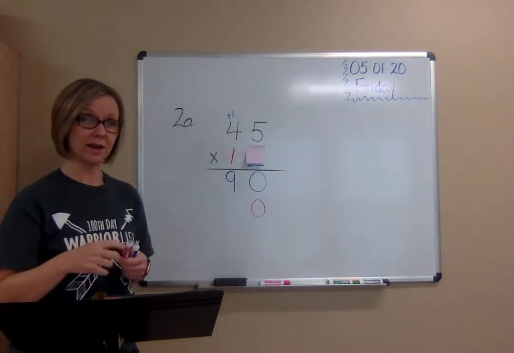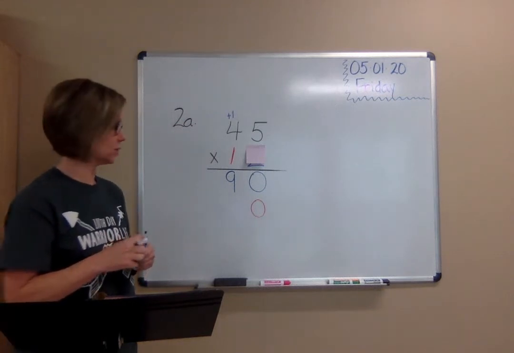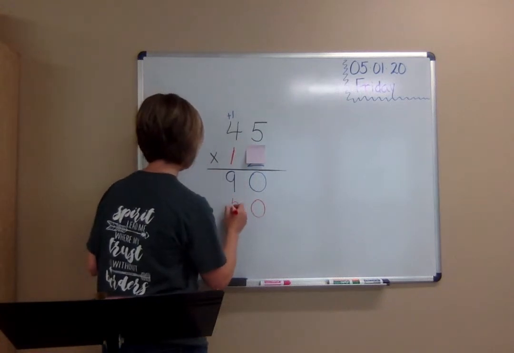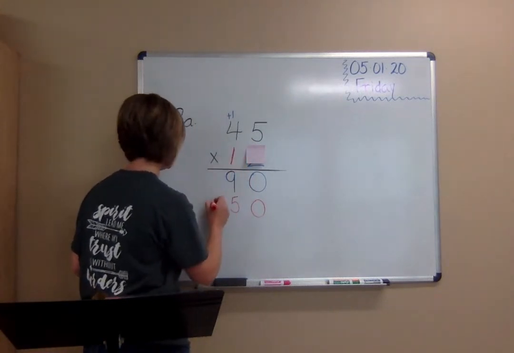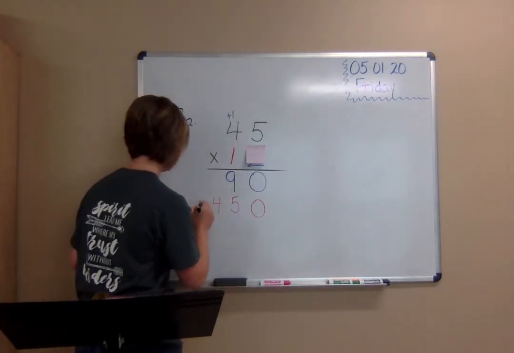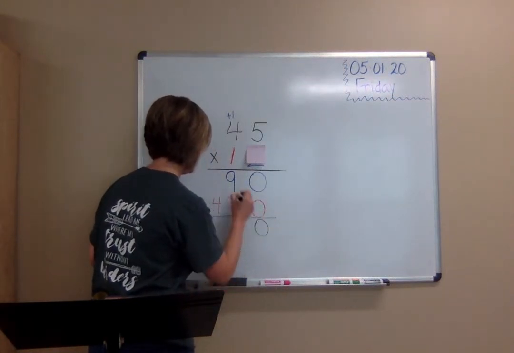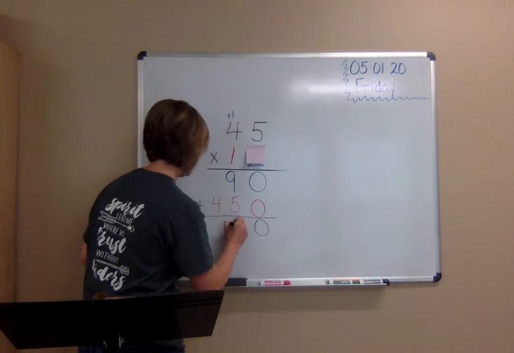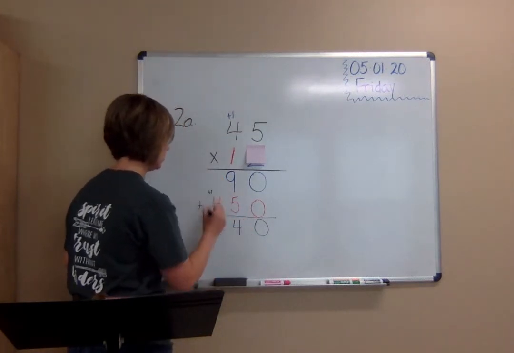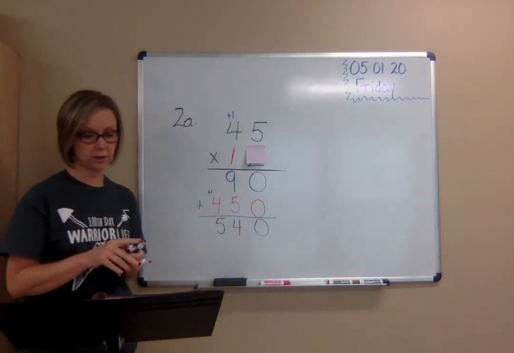I'm saying 45 times a tens place. So we need to move over to the tens place. 1 times 5 equals 5. 1 times 4 equals 4. And then now we're going to add. 0 plus 0 equals 0. 9 plus 5 equals 14. Plus 1. 0 plus 4 equals 4. Plus 1 is 5. So we have our answer of 540.